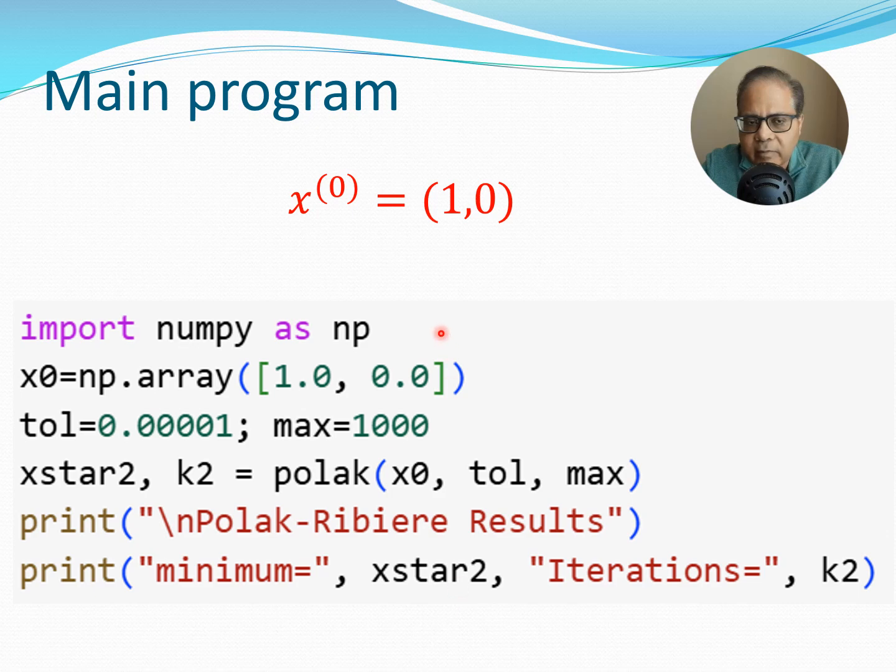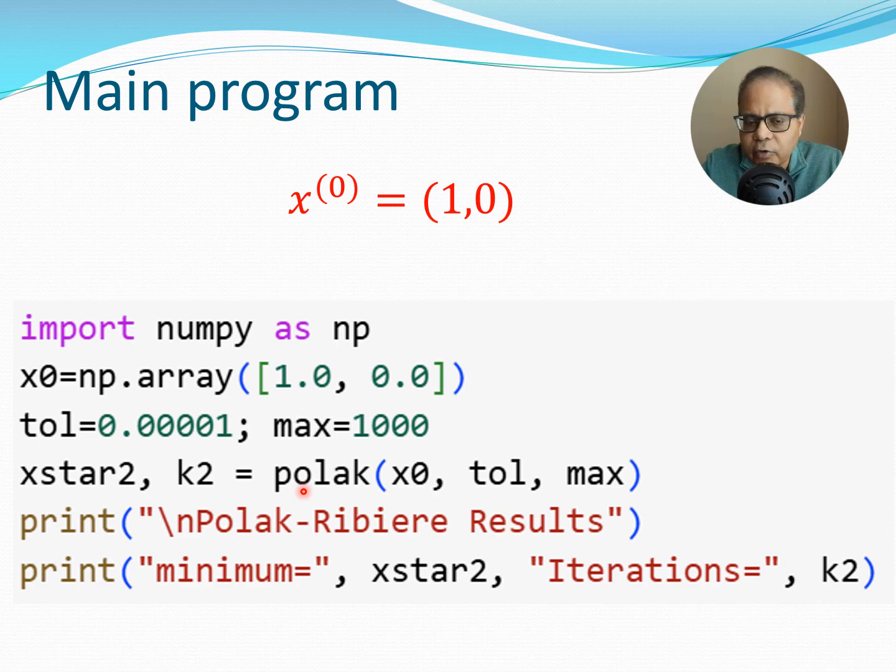The main program is as follows. You import numpy as np. We need numpy for all the different function calculations, the exponential functions and so on, also for the vectors, and we use the starting design as 1 0. We define a tolerance, a small number till which we converge, and then we have a max value which we use for the for loops, and we break out of the for loops when we are done with the tolerance level.